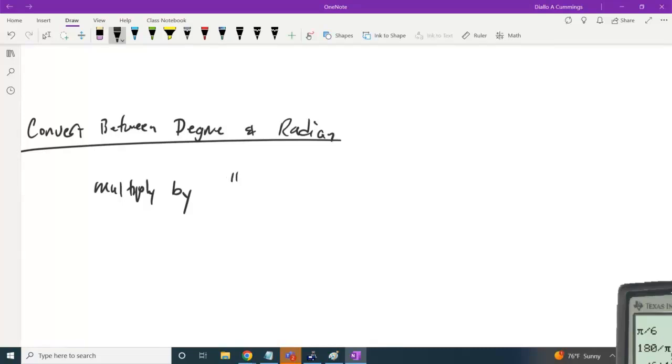I have that backwards for degrees: if you're given a degree measure and you want to convert to radian, you multiply by pi over 180. So here's an example. Convert 75 degrees to radians.